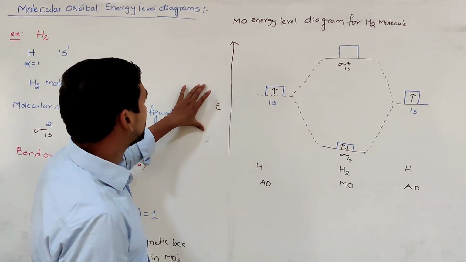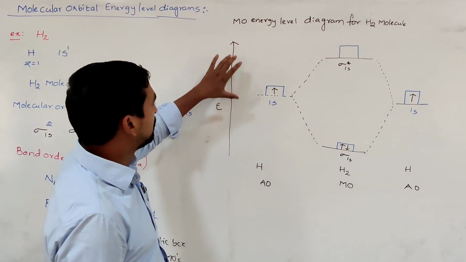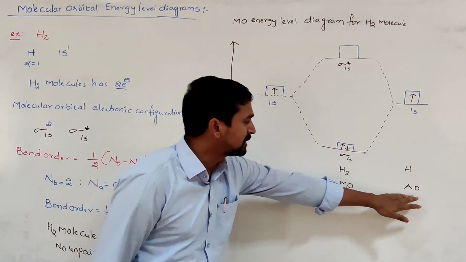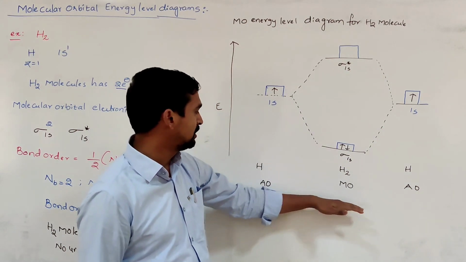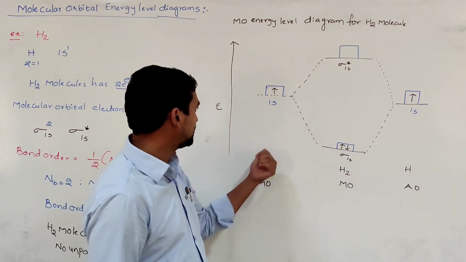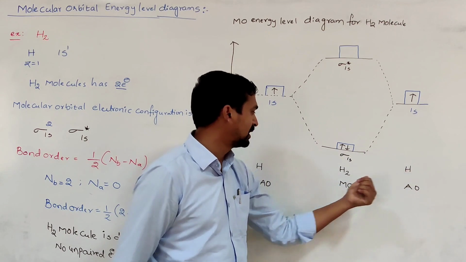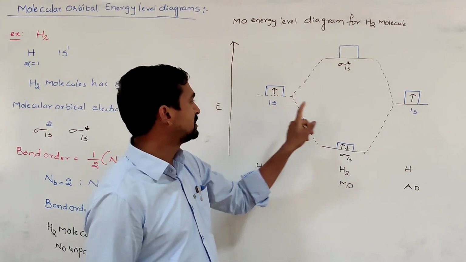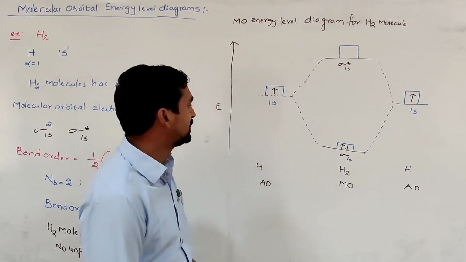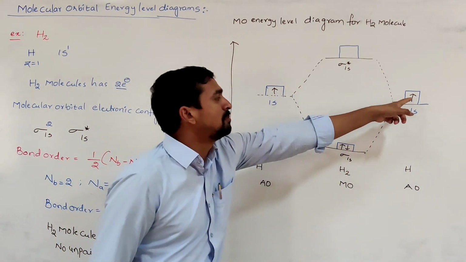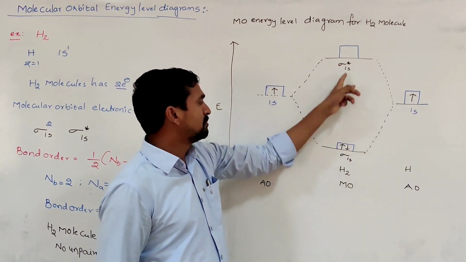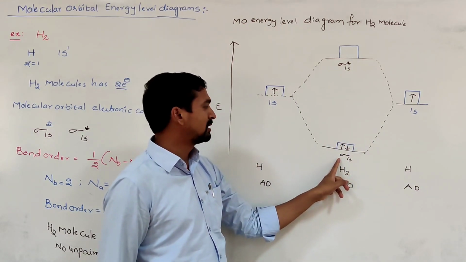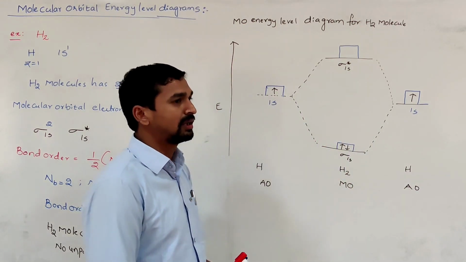After that, we can draw the diagram. First we take the atomic orbitals and molecular orbitals. The atomic orbitals are the 1s of both hydrogen atoms, and each 1s orbital has one electron in its respective orbital. These together combine to form two molecular orbitals: one is the bonding molecular orbital, another is the anti-bonding molecular orbital.